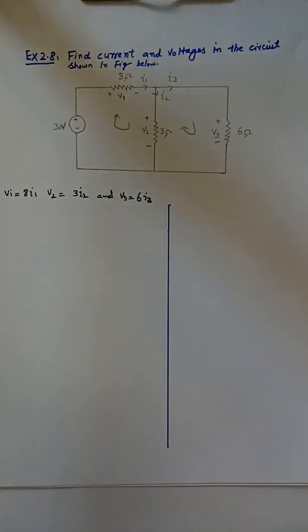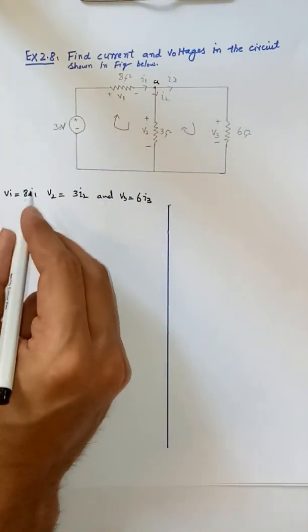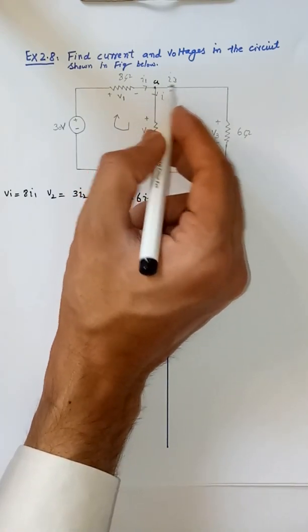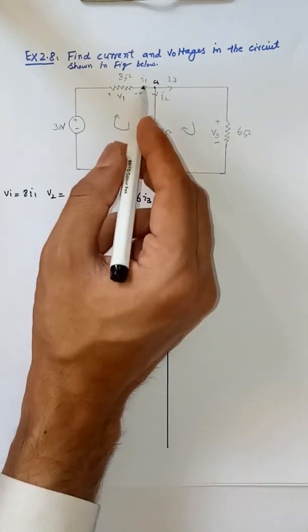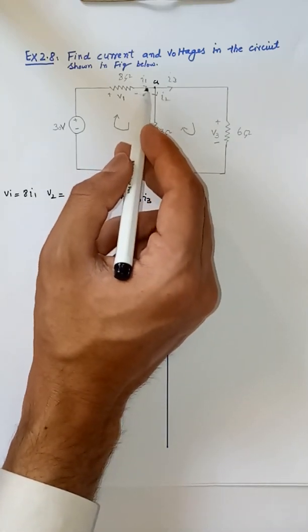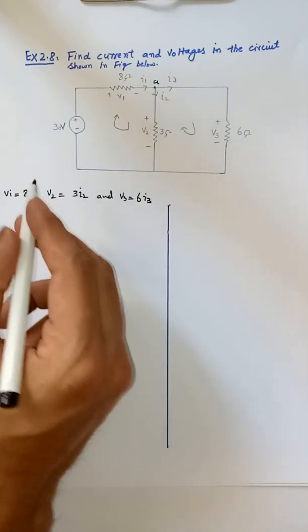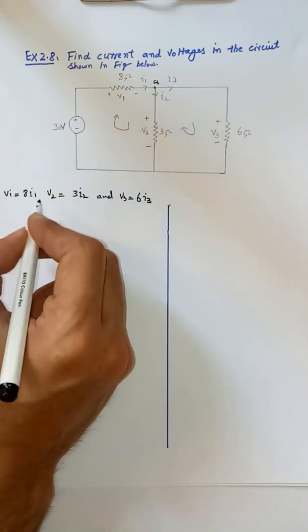In this particular circuit, let's say this is node A, applying KCL at node A. KCL means the algebraic sum of all the currents entering or leaving a node is equal to 0. So I1 is entering and I2 and I3 are leaving.